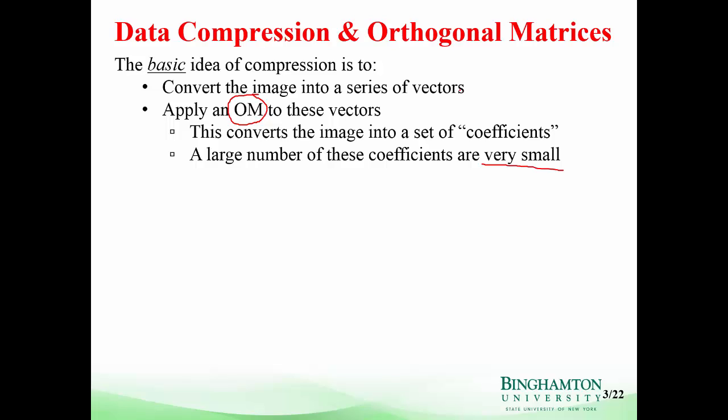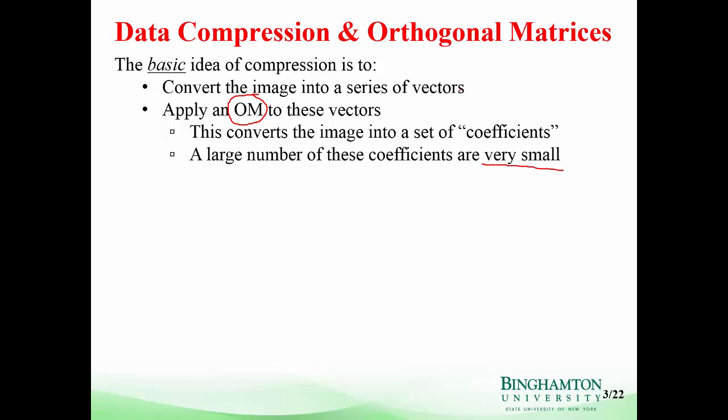People in the electrical and computer engineering fields have spent decades searching for different types of orthogonal matrices. And we're going to look at one technique called the wavelet transform, which can be viewed in terms of orthogonal matrices, but wasn't originally developed in that context. It was developed through some other ideas, but they're all related together.